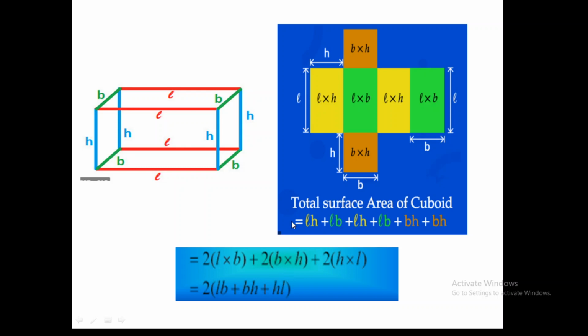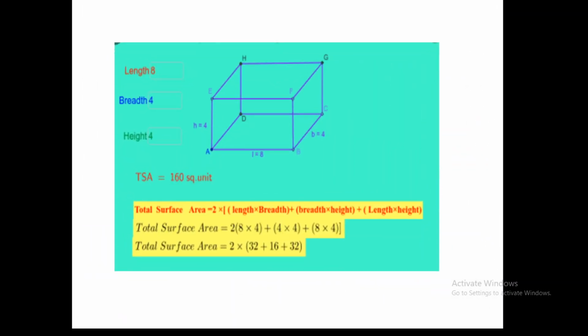Now we go for a question. Look at this, length is 8 units or 8 centimeters. You can take breadth 4 units, height 4 units. For this cuboid, what will be its total surface area? Total surface area is 2 into (length into breadth plus breadth into height plus length into height).